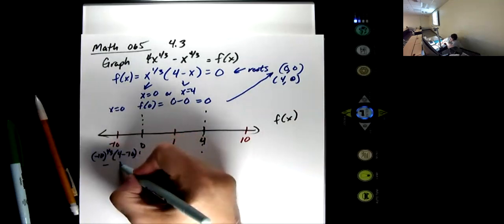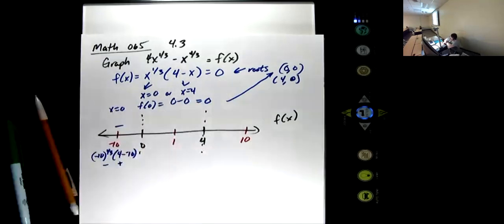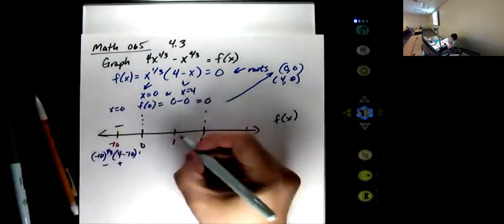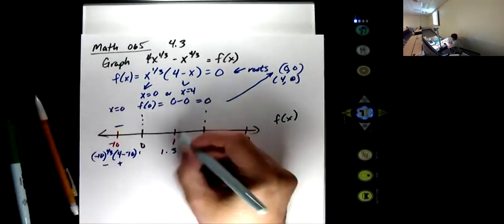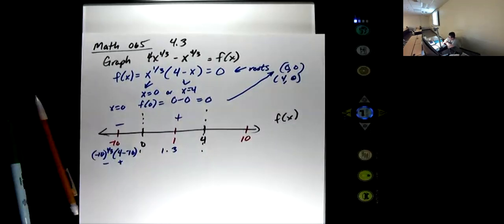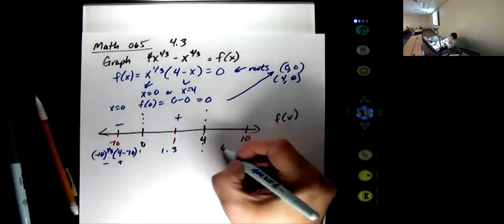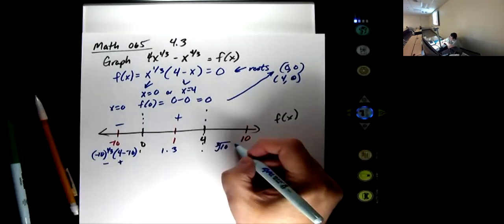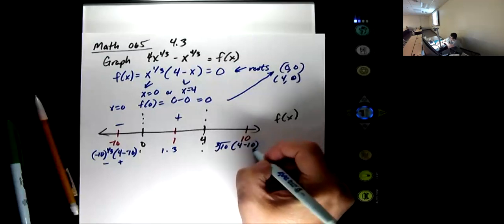That's a negative, that's a positive, that's a negative. If I stick in 1, I get 1 times 3, that's a positive. If I stick in 10, I get cube root of 10 times 4 minus 10, that's a negative.